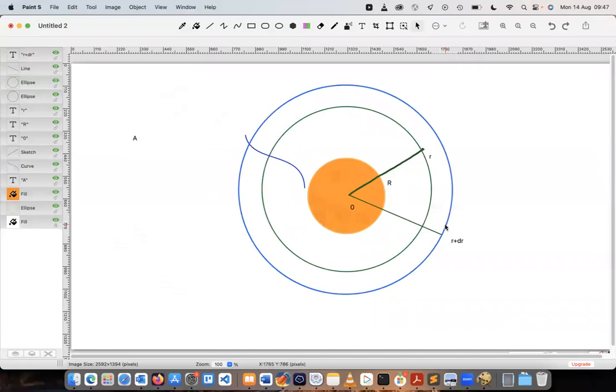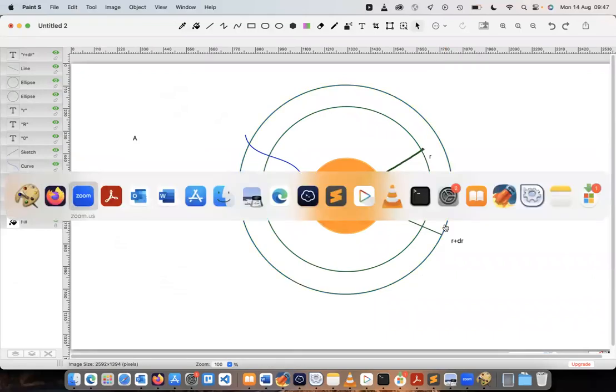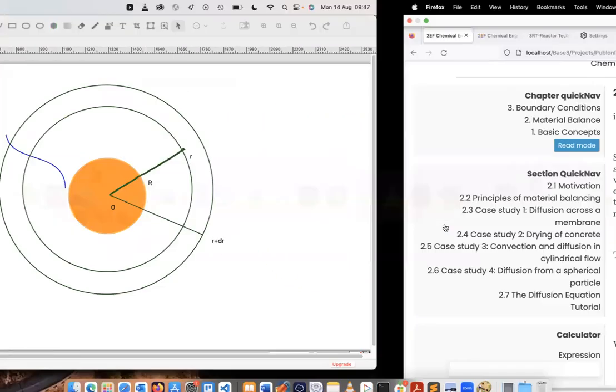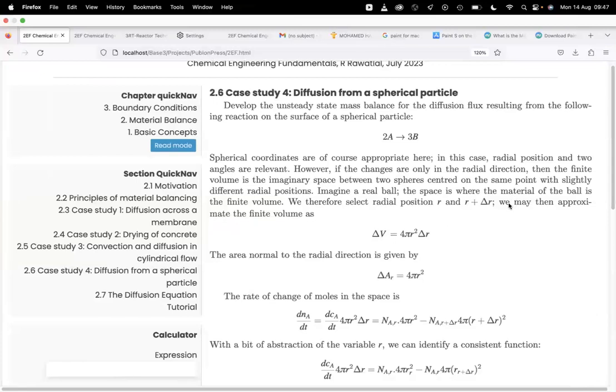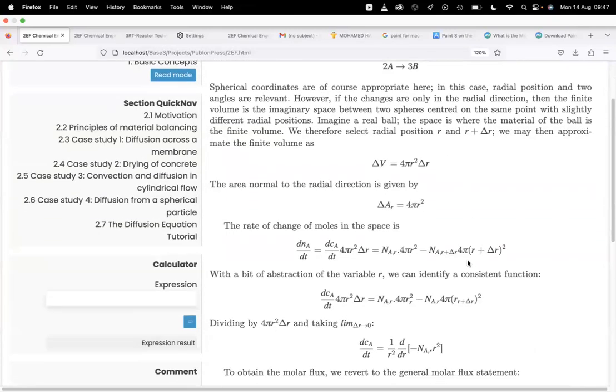So we have those 2 points, and in the notes you'll also find this developed. We've defined the volume of this finite volume. We've defined the area of this finite volume, the area that's normal to flux in the R direction.